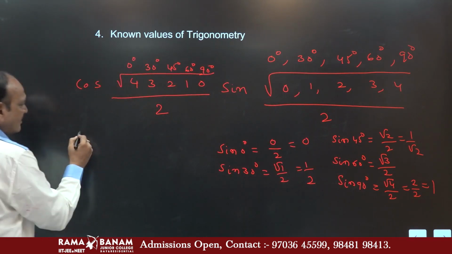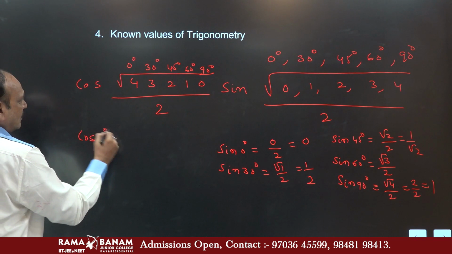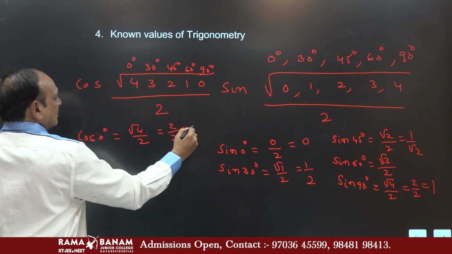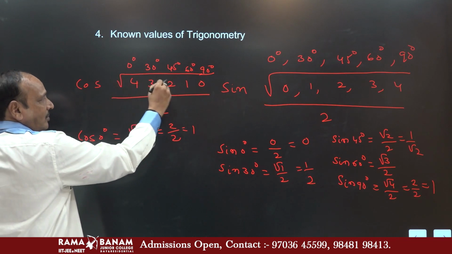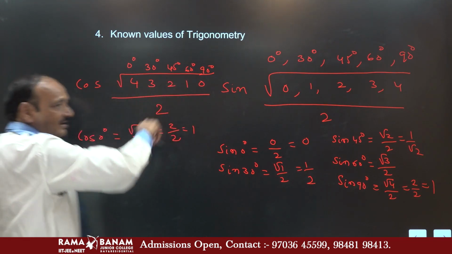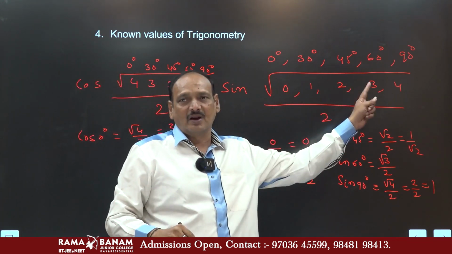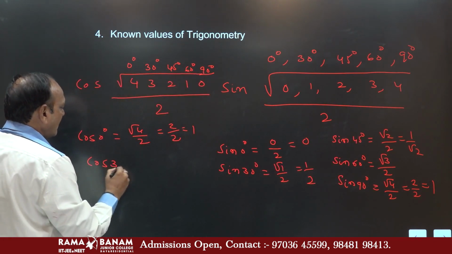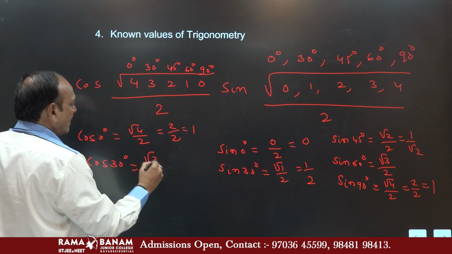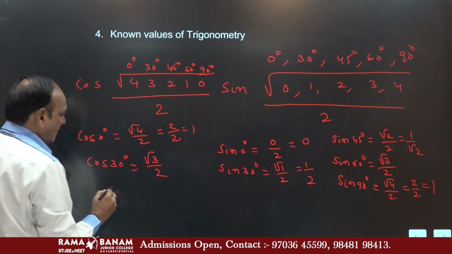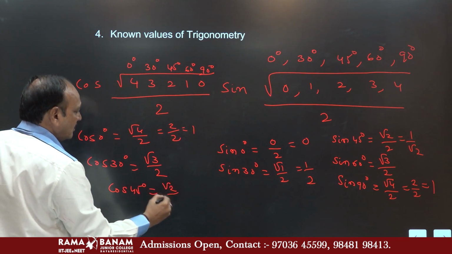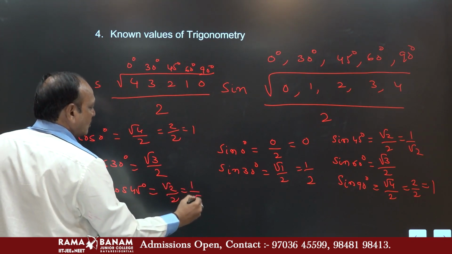So we can write very simple logic. Cos 0 is root 4 by 2, that is 2 by 2, 1. So this is a decreasing order, 4, 3, 2, 1, 0. Sine is an increasing order, 0, 1, 2, 3, 4. Now again cos 30 degrees, I can write this as root 3 by 2. Again cos 45, I can write as root 2 by 2, that I can write as 1 by root 2.